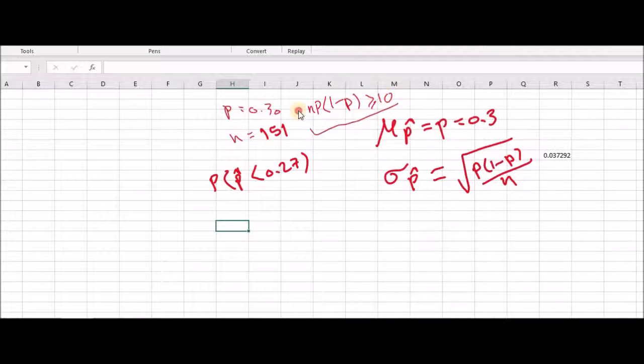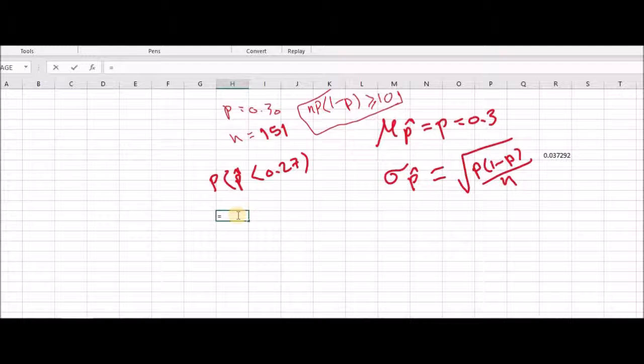And you can double check that rule and it is satisfied. So because that rule is satisfied, I know we can apply the normal distribution function to find this probability right here, because the distribution of the sample proportion is normally distributed.